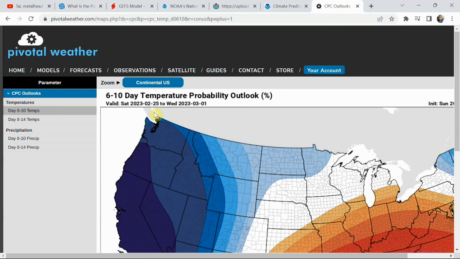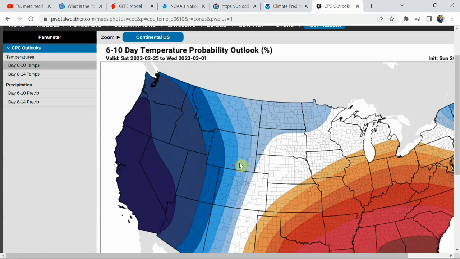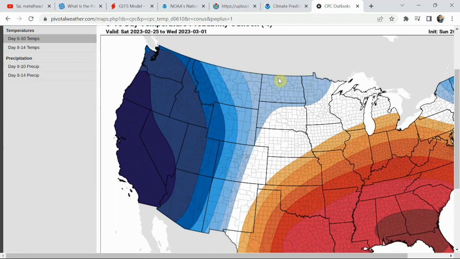And this is kind of looking more so towards our current situation here. This is a negative PNA pattern. It's pretty simple, really. It's cold out towards the west, warm out towards the east.